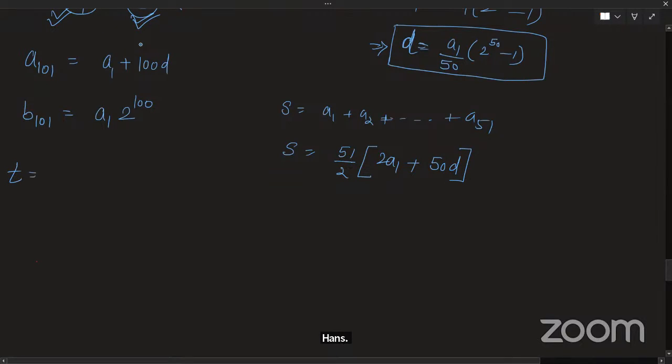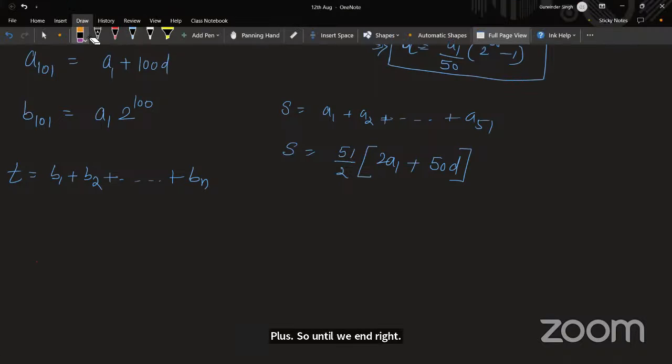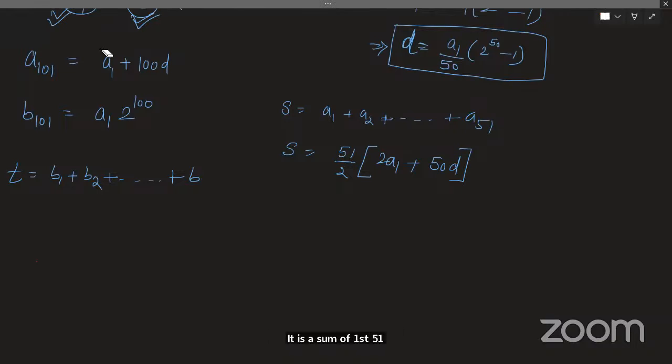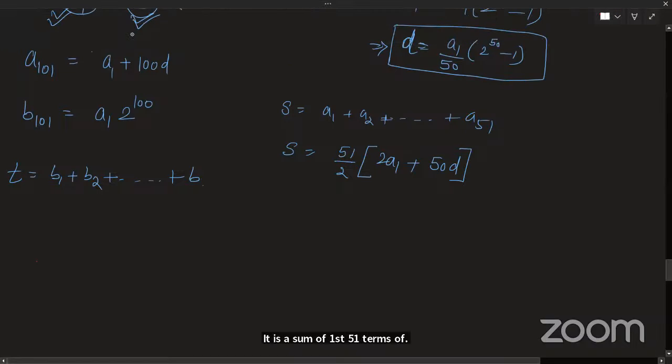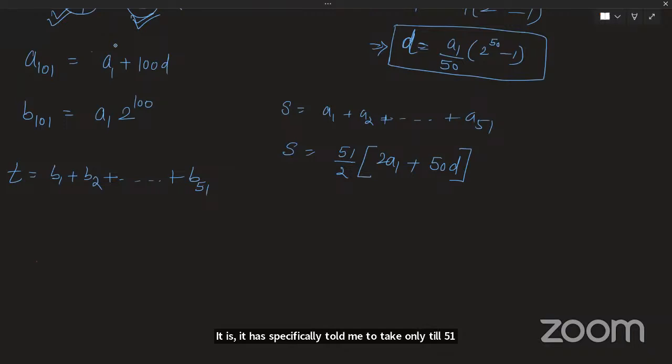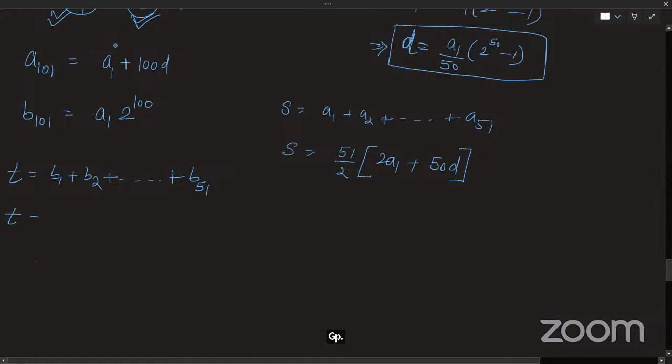And your T is basically B1 plus B2 and so on, the sum of first 51 terms of the GP. So can you tell me what is the sum of first 51 terms of GP?